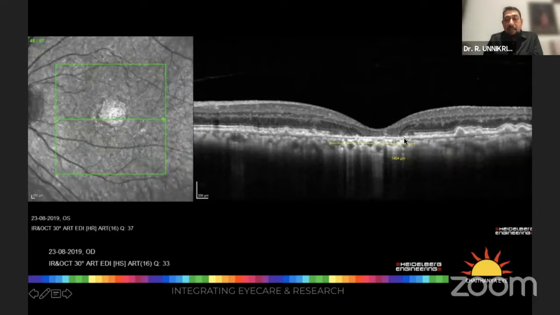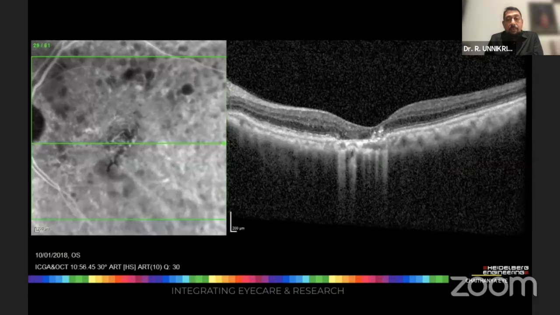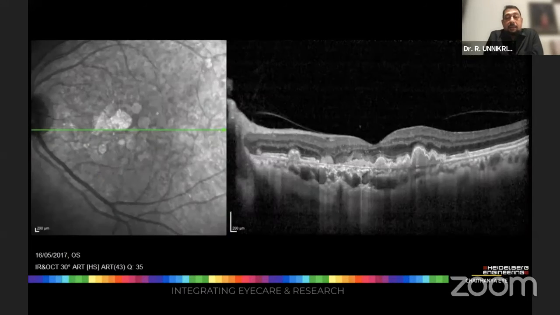Here you have another significantly larger area, with an area where even the ELM is preserved, but another area where the photoreceptors have totally degenerated. And in another example you can see a very clear-cut loss of the RPE, and even in the presence of drusenoid PEDs and PEDs, if the overlying RPE is atrophic, you can define CRORA.